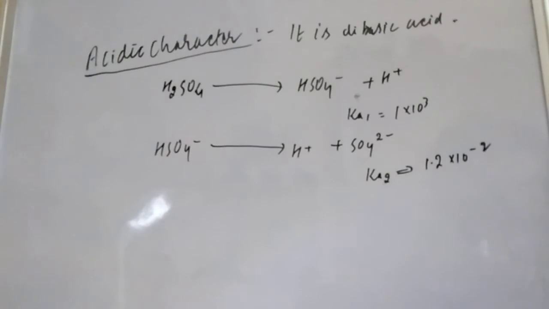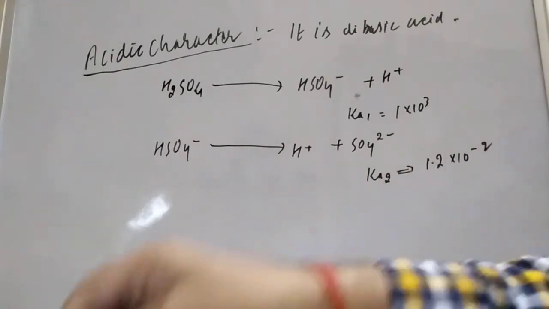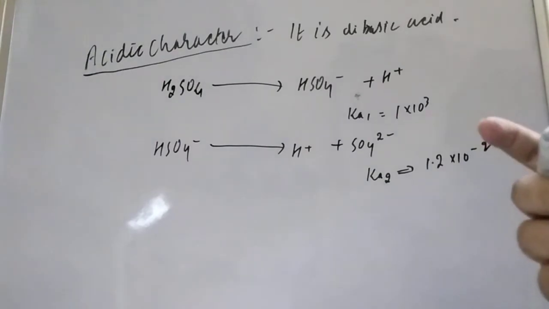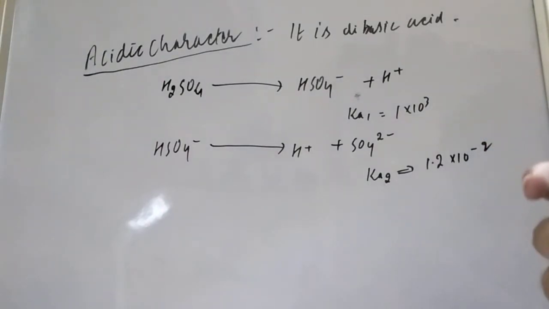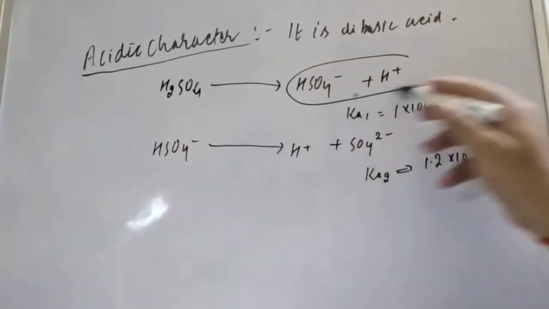So when you are talking about Ka1, student, all the acid is getting ionized into H plus and HSO4 minus. It means that the value is larger, and H2SO4 largely dissociates into HSO4 minus and H plus.